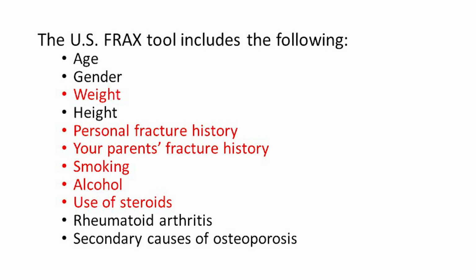Of those, here are the ones that are on the long list of risk factors I gave you in video 203. They're highlighted in red. So, FRAX takes 6 of the 19 risk factors into account.